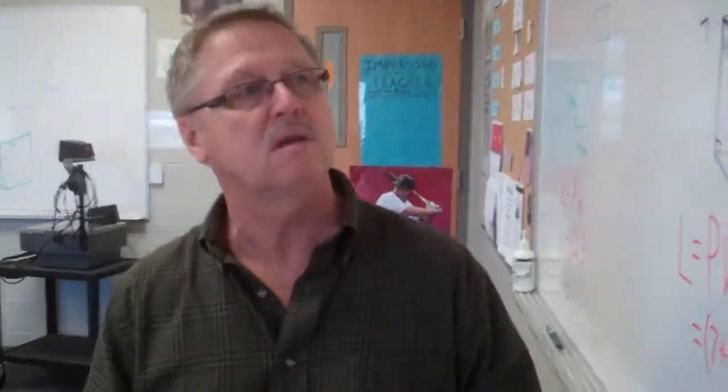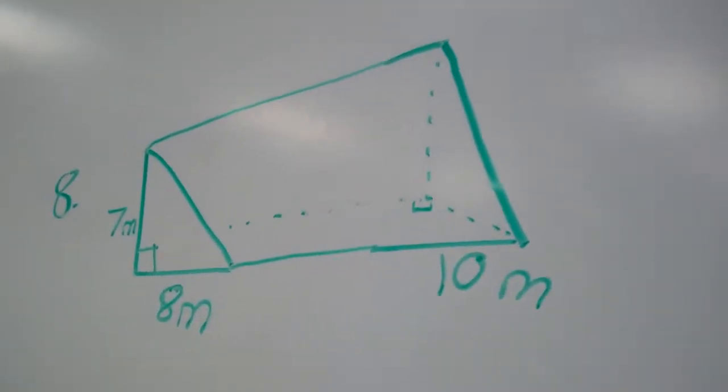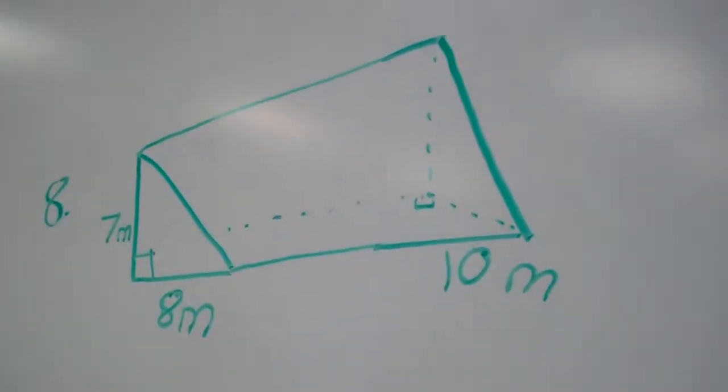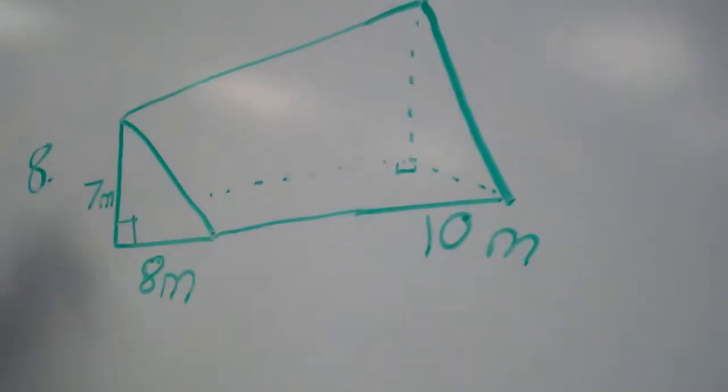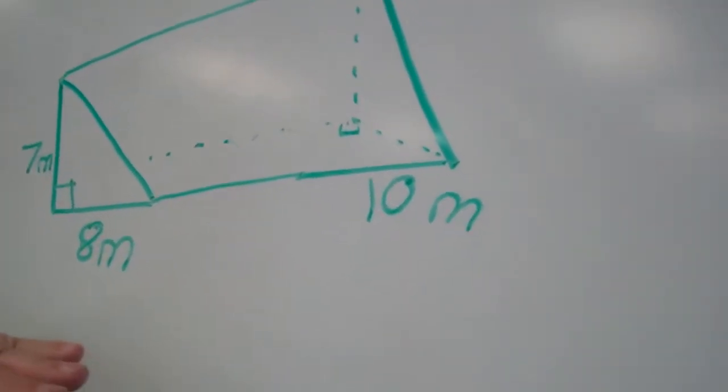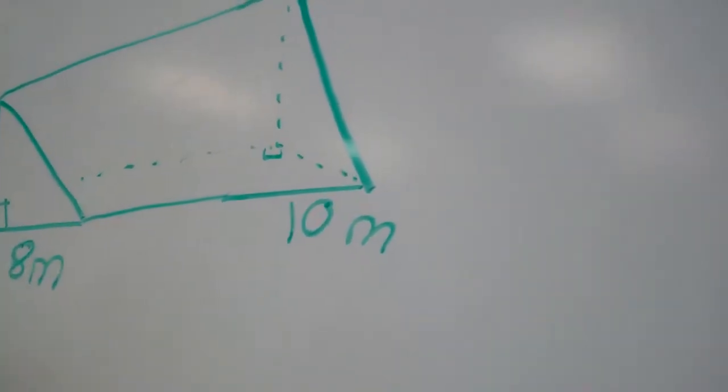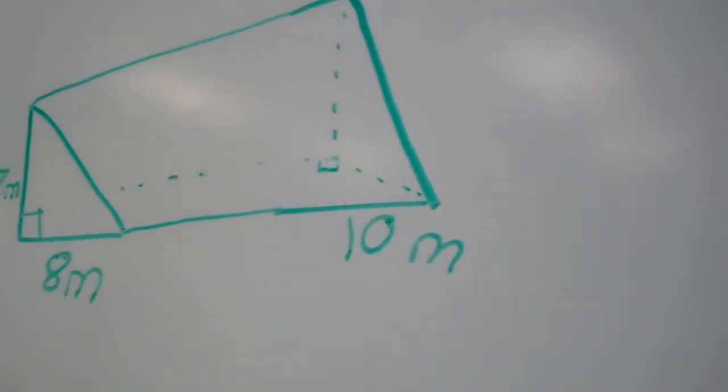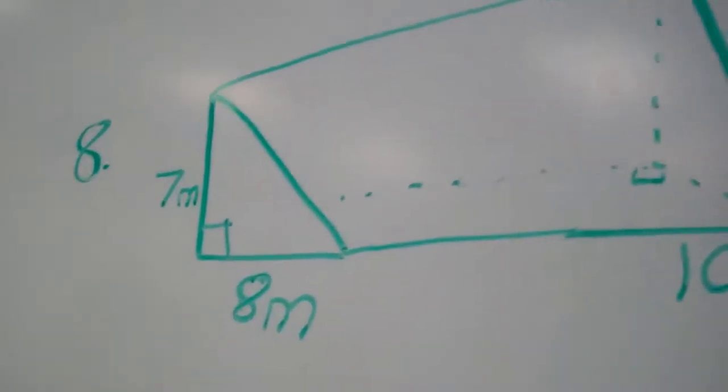Now I'm going to Dylan. Dylan was supposed to draw a sketch for me, but he never did. Dylan, on this one, does the top match the bottom? This is not setting on its base then.